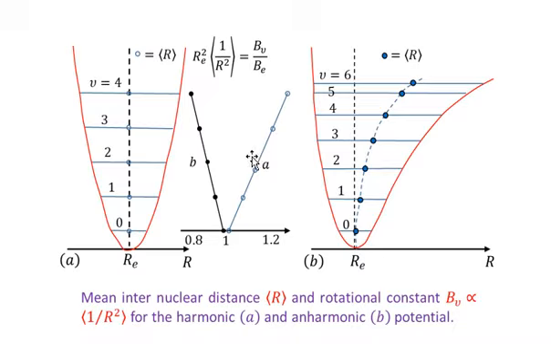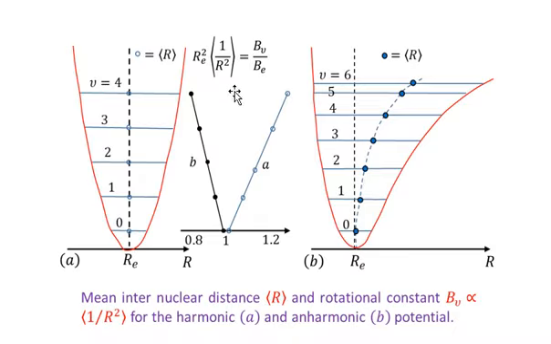So for a few levels, up to V equal to 4, the vibrational quantum number, they may seem slightly the same. But if you go beyond this, there will be a significant change in the separation between the vibrational levels in the anharmonic oscillator as compared with the harmonic oscillator.